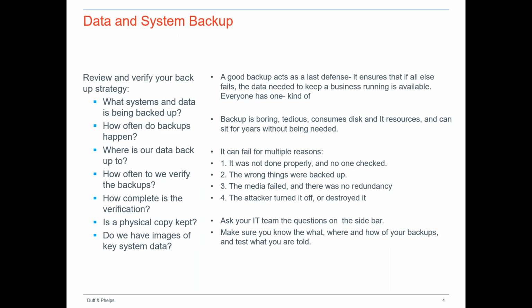Know the what, the where, and the how of your backups, and then test what you are told. If you have good backups, you can recover from a ransomware attack. Without them, you are faced with either significant loss of data and cost in recovery, or being put in the impossible choice of considering a payment to a criminal. Next slide.